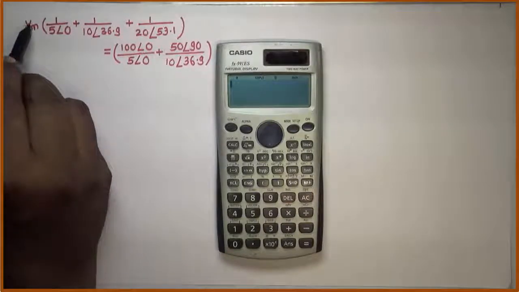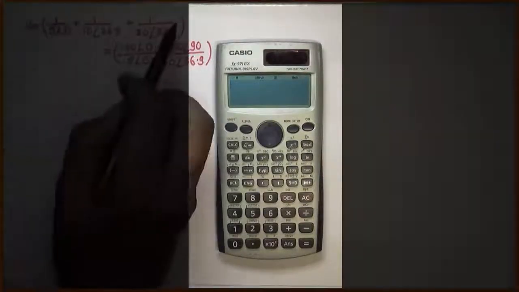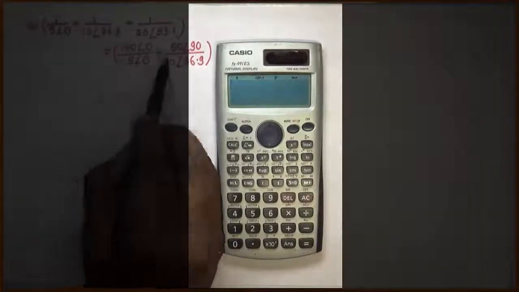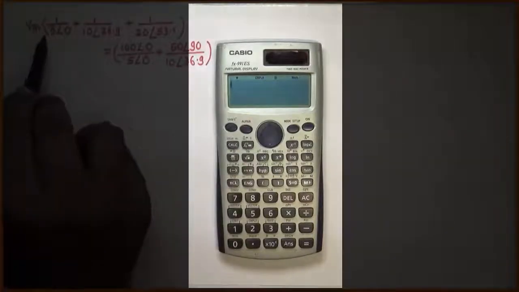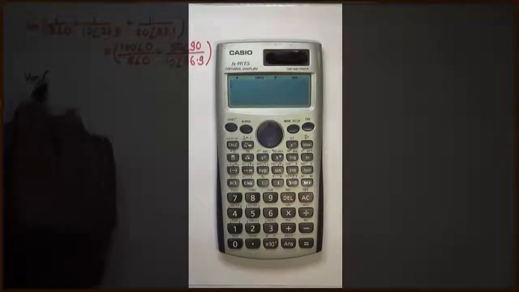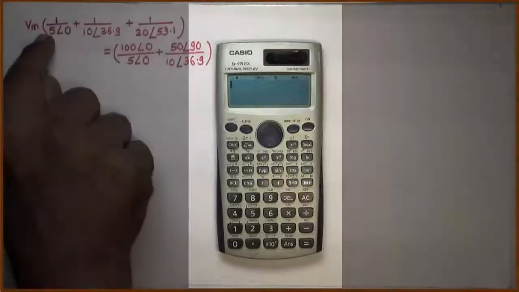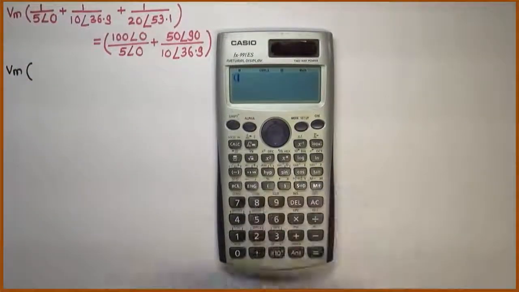Here my problem is to find the value of Vm. To find Vm, first we have to solve this bracket, then you have to solve this bracket. So let us go for solving this bracket. If you want to solve this bracket, the procedure will be like this. First I enter this bracket here.